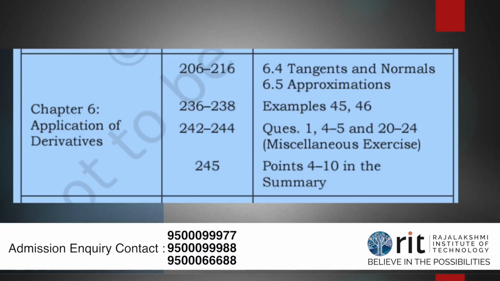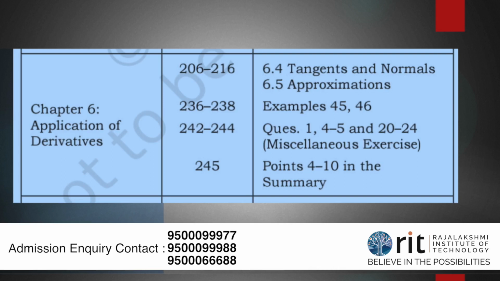Chapter number 6, exercise 6.4, 6.5 is not coming. Page number 236 to 238, example 45 and 46 should not be read. Page number 242 to 244, question number 1, 4, 5, 20 to 24 will not come.